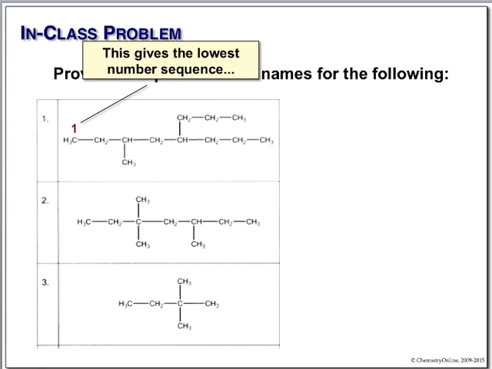Therefore, this is carbon 1, gives us our lowest number sequence. We need to say that in carbon number 3 we have a methyl group. In carbon number 5 we have a 3-carbon side chain, that's a propyl group. 3-methyl, 6-propyl, octane.